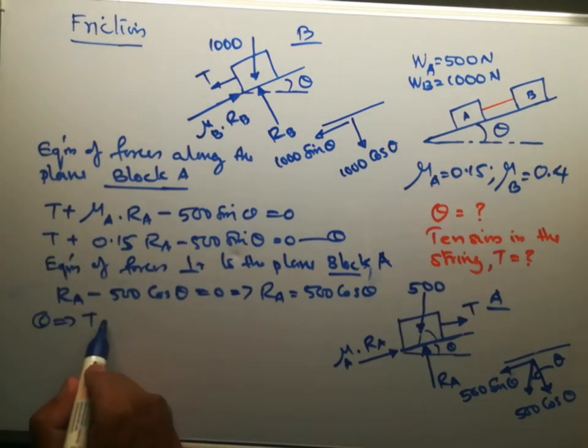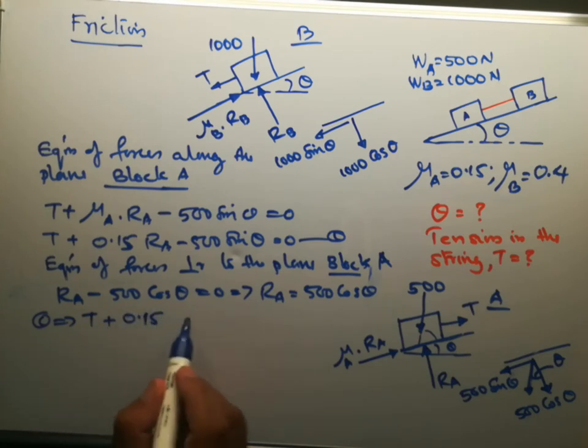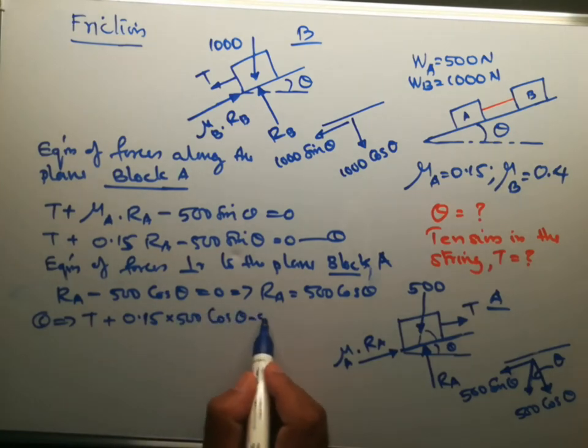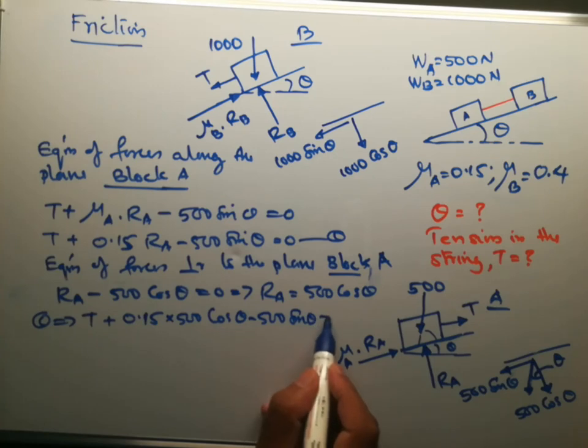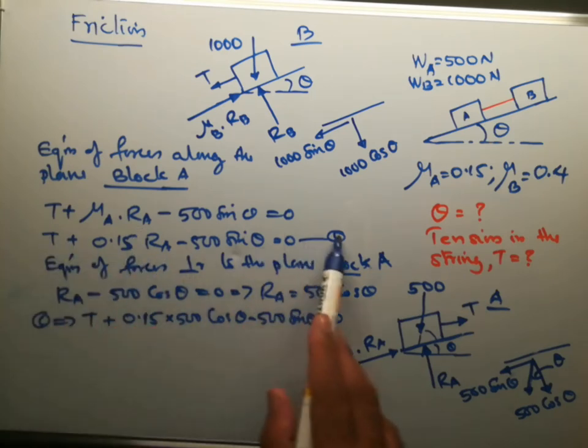Equation number 1 gives, how we will get it, T plus 0.15 into 500 cos theta minus 500 sine theta equal to 0. How did we get it? We substitute the value of Ra as 500 cos theta from equation number 1.